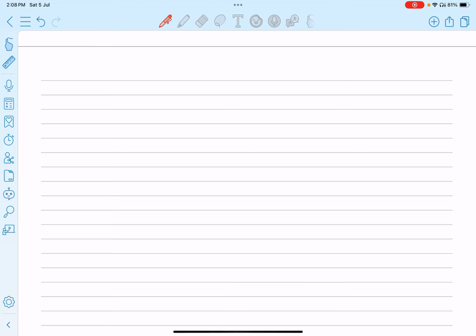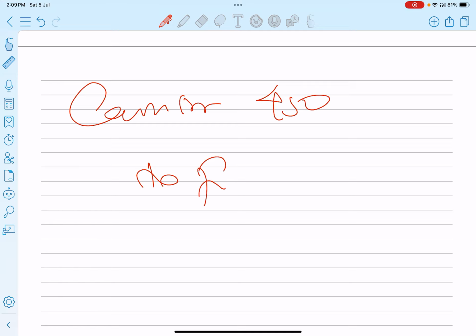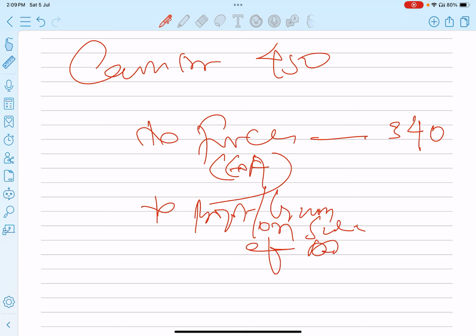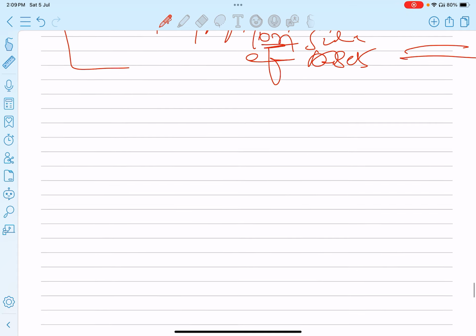So the entry will be cash debit 450 to furniture, carrying amount is how much? 340, to profit or gain on sale of assets. This is considered to be the gain, 110. So this is getting balanced.